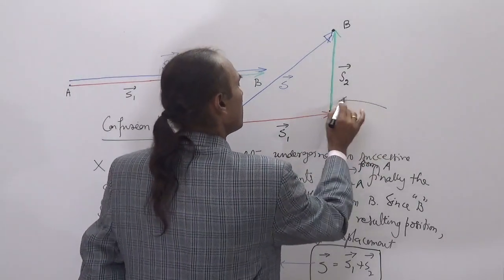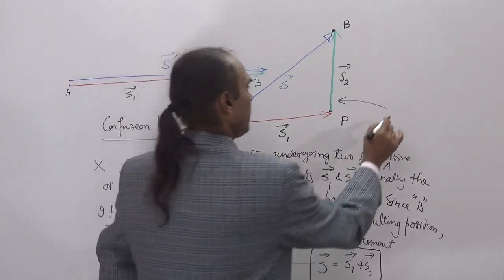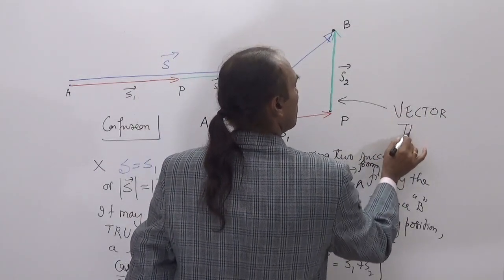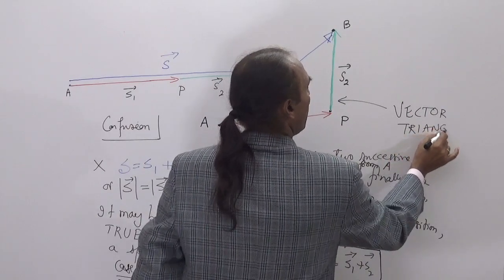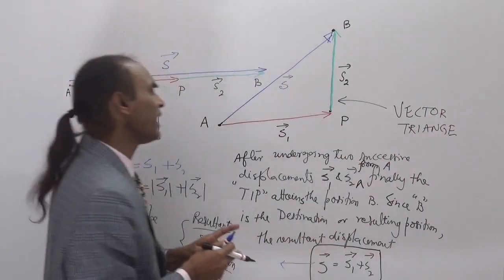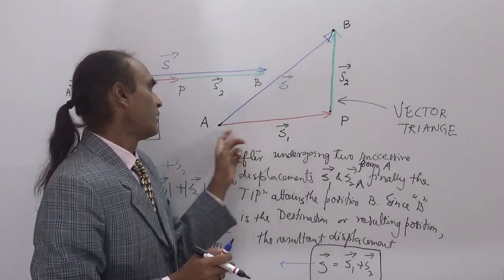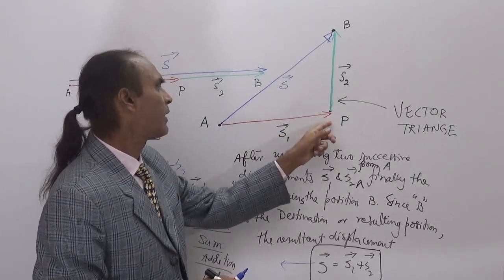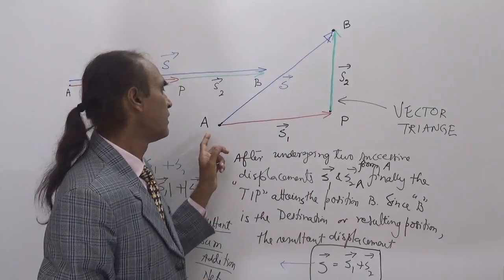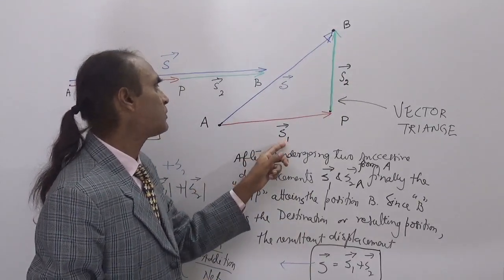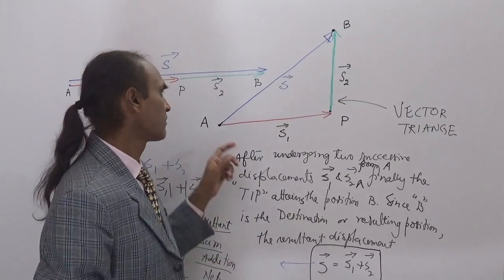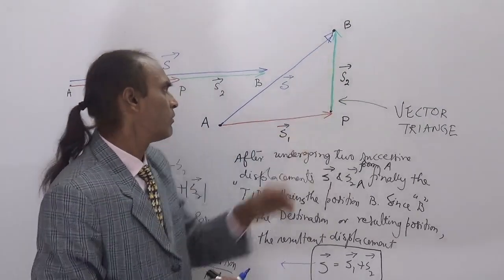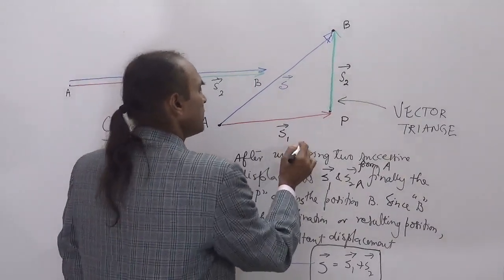In this vector triangle, the sides AP and PB are the S1 and S2 vectors. They are taken in a particular sense.